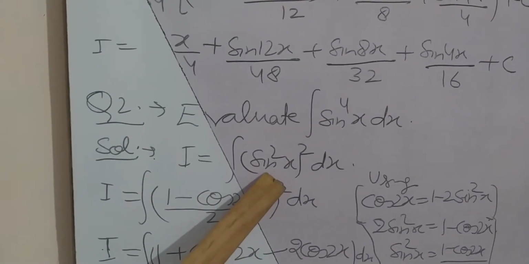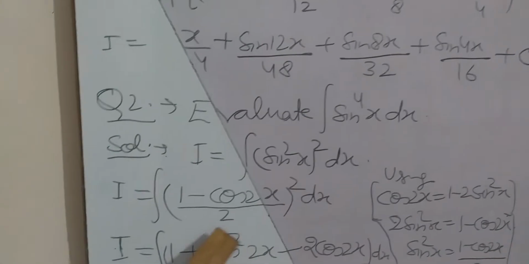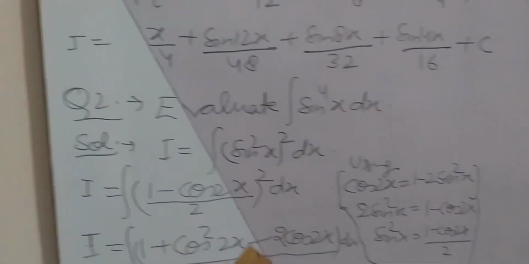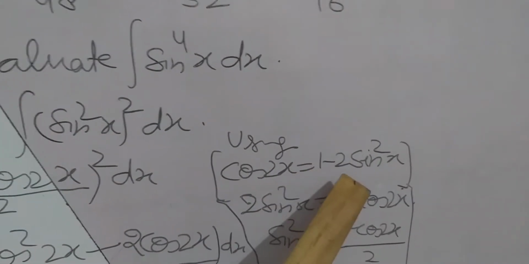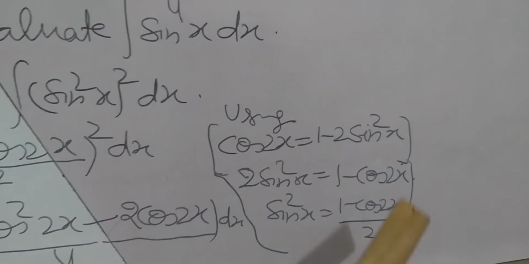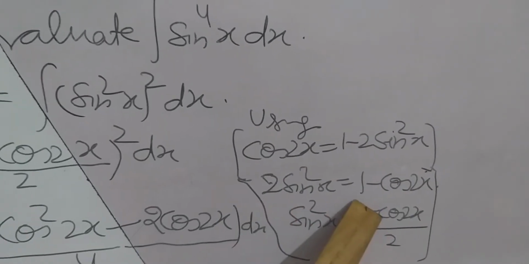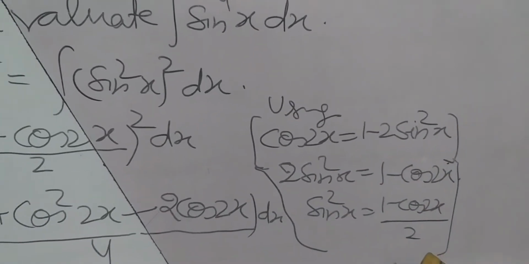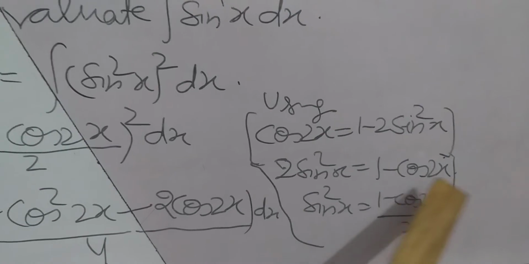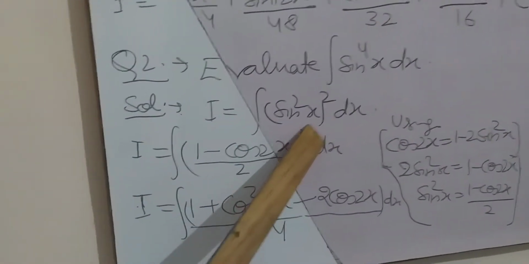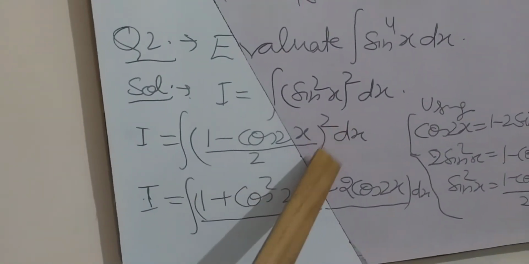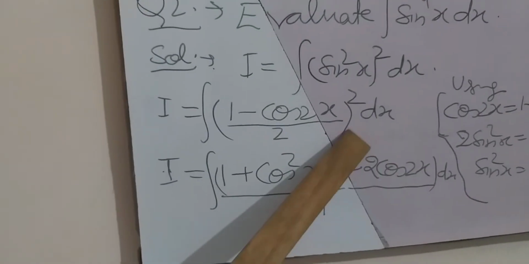Now student, we can apply the formula sin square x equals 1 minus cos 2x upon 2. We know that cos 2x equals 1 minus 2 sin square x. Then 2 sin square x equals 1 minus cos 2x. So sin square x equals 1 minus cos 2x upon 2. That's why, student, I have written here at the place of sin square x, 1 minus cos 2x upon 2, whole square. Let us open the bracket.